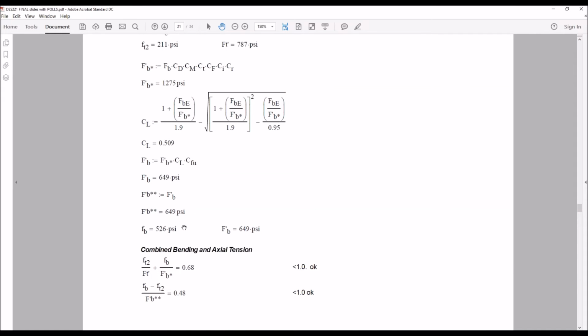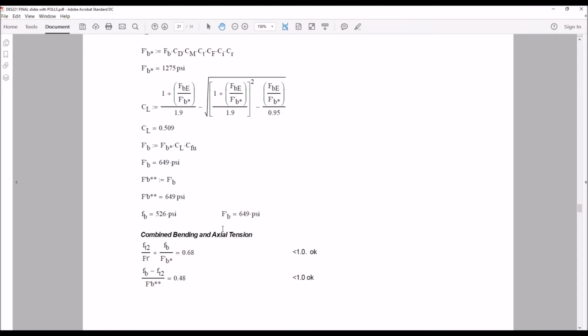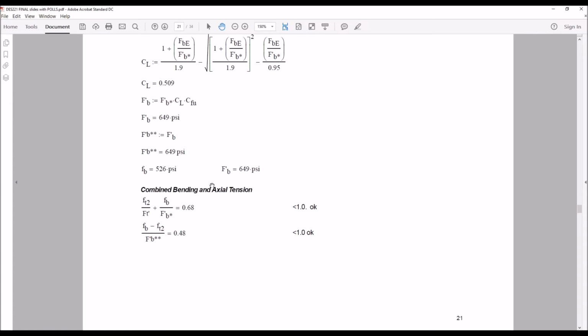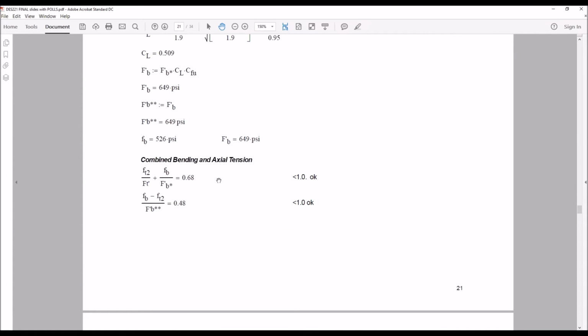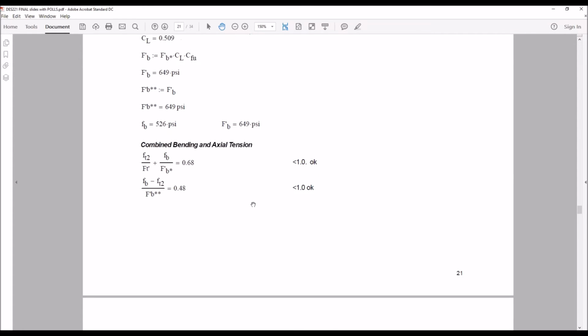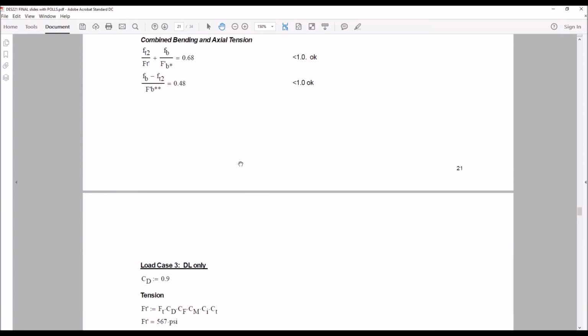So it's the same bending stress due to dead load here, and our capacity is 649 psi, our adjusted capacity. So that's okay. Checking our interaction check again, we're still less than 1 for both of these checks, so that's good. So it works for a dead and a live load.